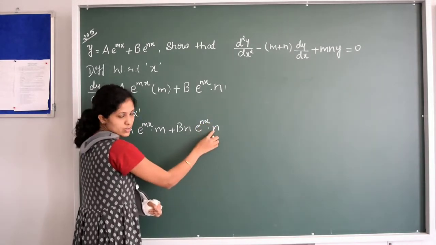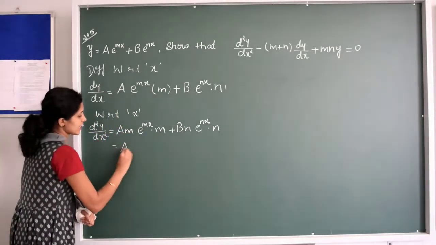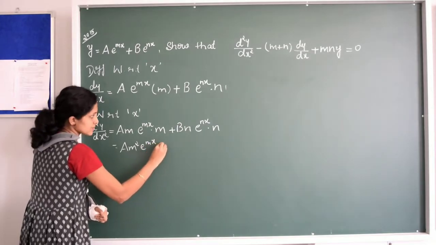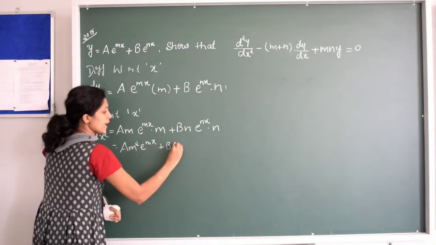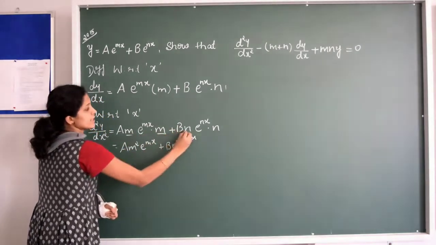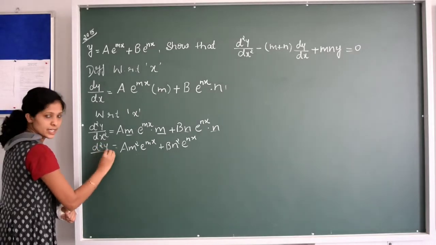Is it clear? N is constant as it is, and derivative of x will be equal to 1. So we can further write this one as a into m square e to the power mx plus b into n square e to the power nx. M and m is there, here n and n is there. We got d square y by dx square.